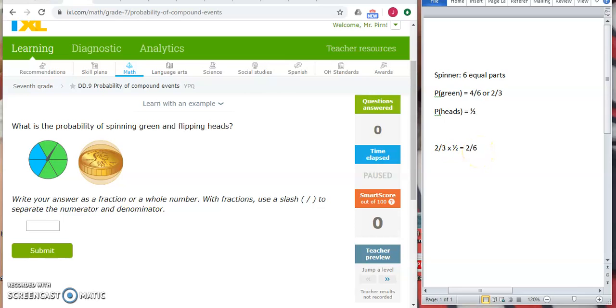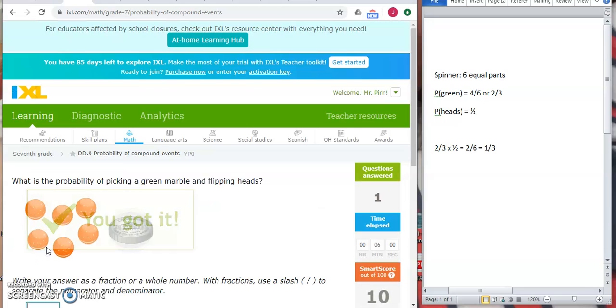Therefore, the probability of spinning green and flipping heads is 2/3 times 1/2, or 2/6. Of course, 2/6 simplifies to, well, what does it simplify to? Pause the video. It simplifies to 1/3. Let's see if we got it right. Submit. Very good.